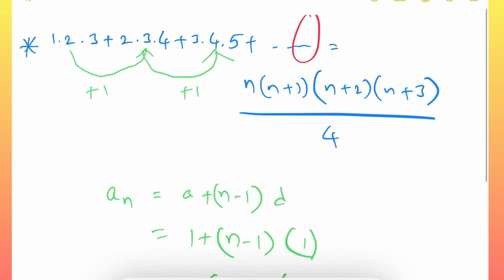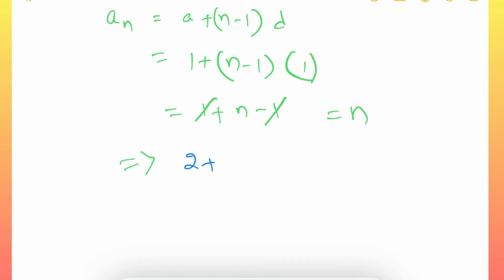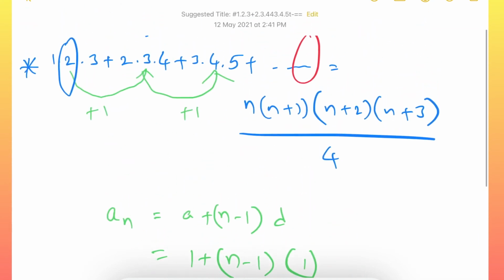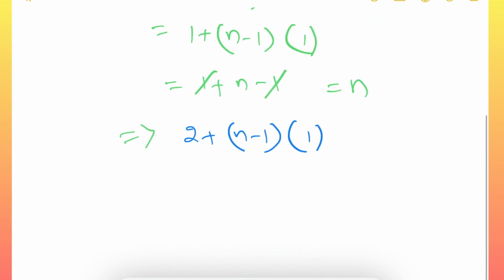A is nothing but first term. Here first term is 2 plus n we don't know, common difference. Here second term is 3 and first term is 2. So 3 minus 2, 1. So which is equals to 2 plus n minus 1 into 1, n minus 1, which is equals to n, 2 minus 1, 1. So n plus 1.